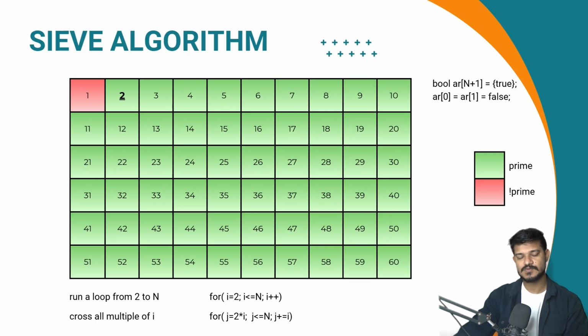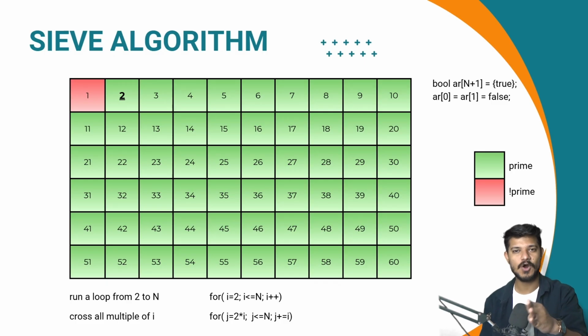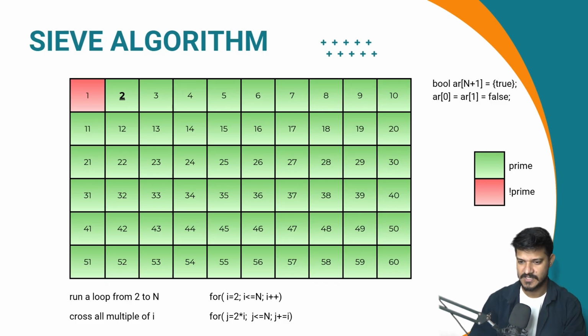So we'll start from twice of I and go till n, each time incrementing j by I, right? So to move on to the next multiple, and each time we are going to set AR of j equal to false, right? So all of the multiples of 2, 4, 6, 8, 10, 12, and so on, will be crossed out.